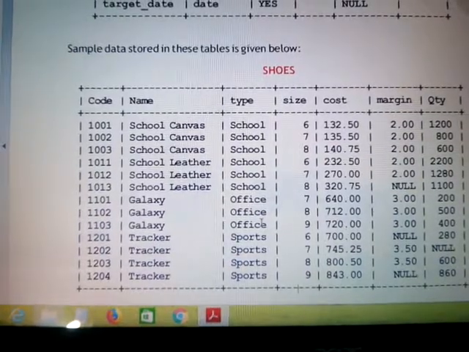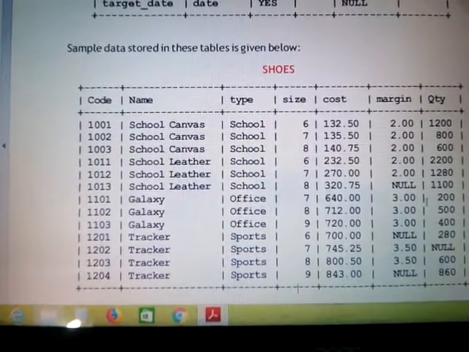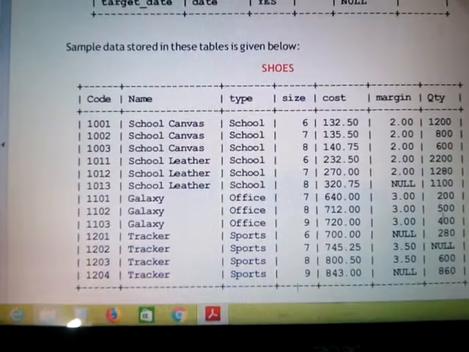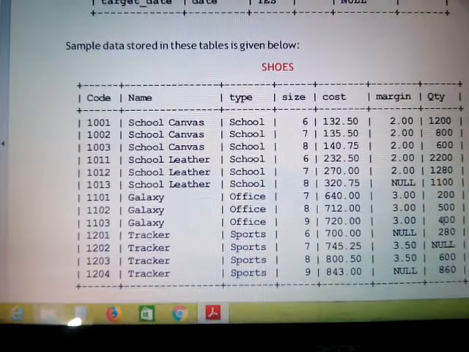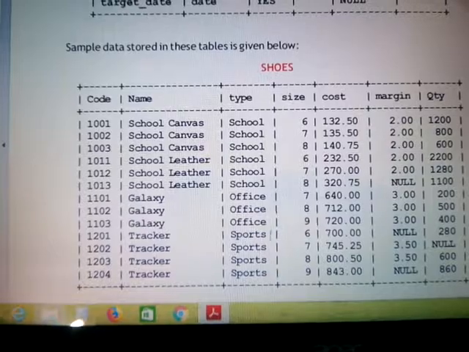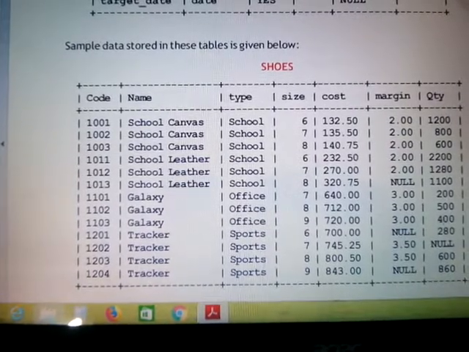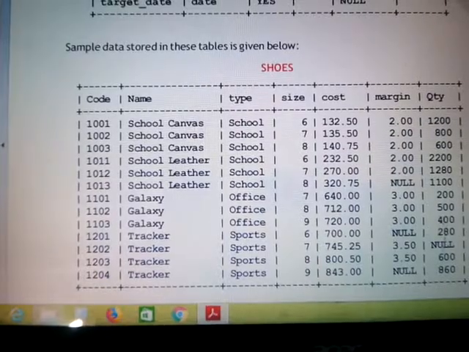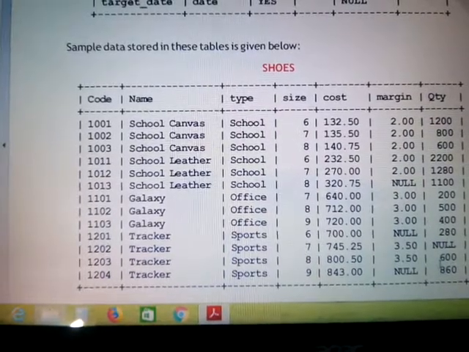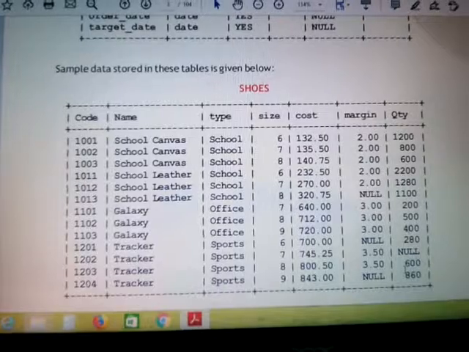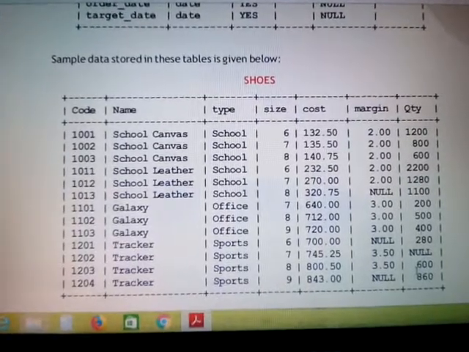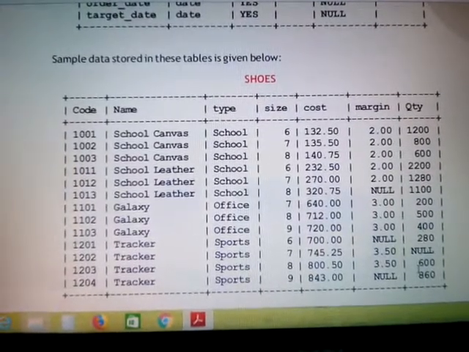Likewise, for office type, this office type summation will be displayed in your answer. Likewise, for sports type, this sports type summation will be displayed in your output. So this is actually the output of the above mentioned SQL statement, right?